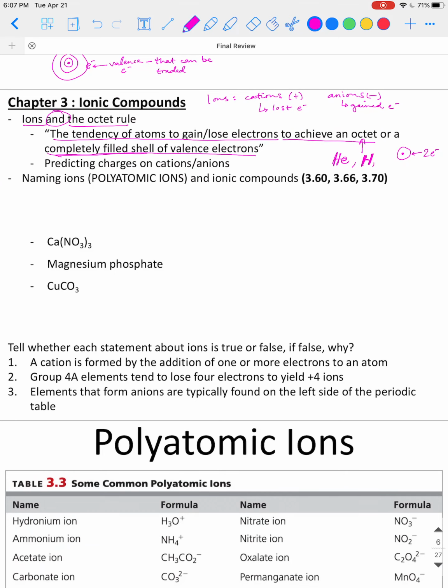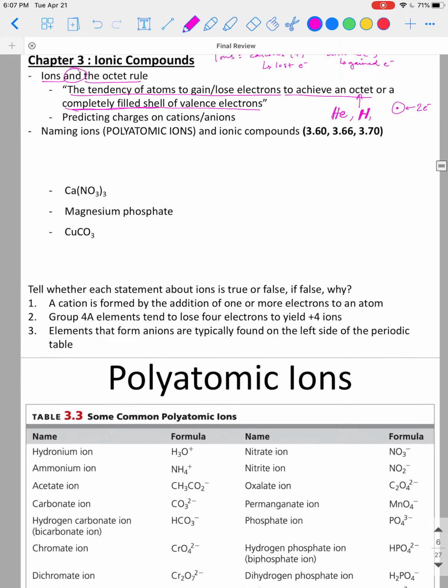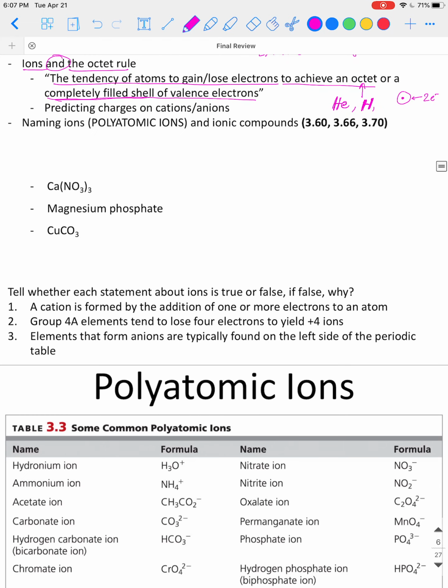So the most they can have is 2. They can't get 8. But that's why I said or a completely filled shell of valence electrons. So that's the octet rule. Know it. Know how to use it. Know how to predict the charges on cations and anions because of the octet rule and your understanding of valence electrons.